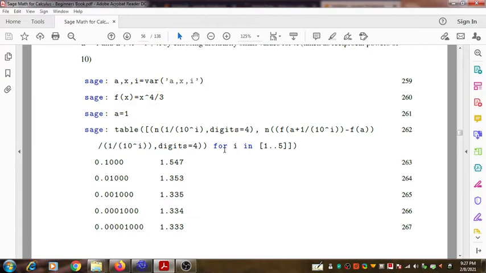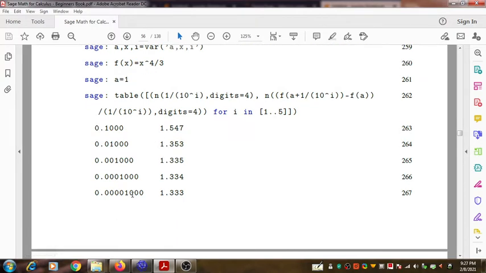How many times it should be repeated is specified here: for i in 1 to 5. So there will be 5 different cases. Corresponding to the cases in this list, we get 5 different values calculated and displayed in the table.